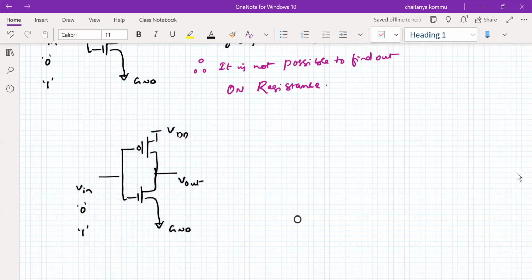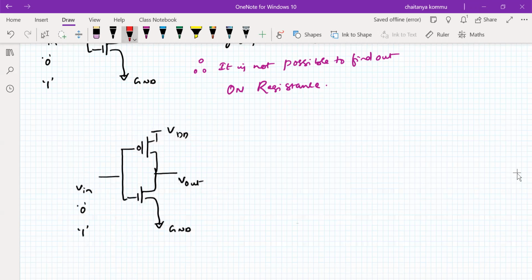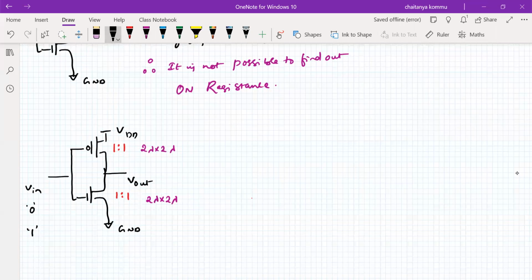By the way, what are the dimensions of these devices? This is 1:1, this is also 1:1. So both the transistors have the same dimensions, which means it follows 2 lambda by 2 lambda. This also follows 2 lambda by 2 lambda. So it is not like a depletion mode type of transistor.